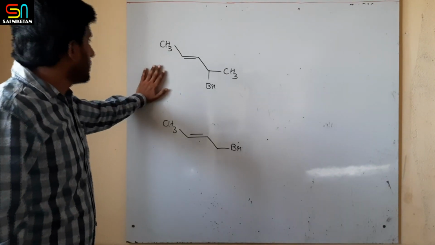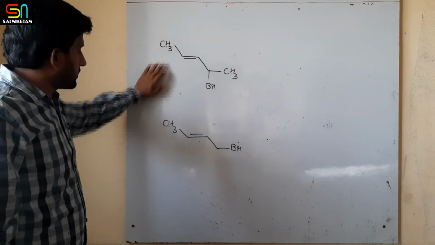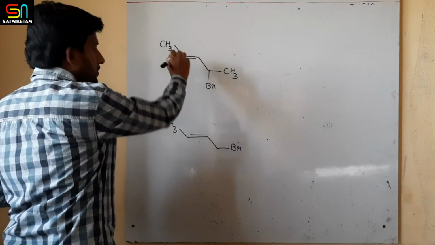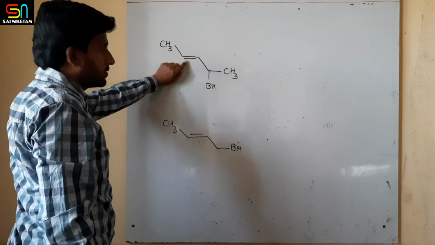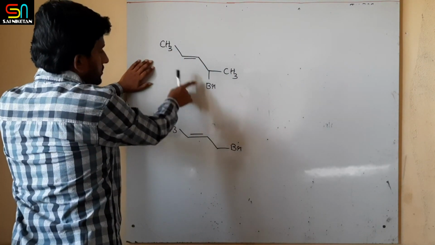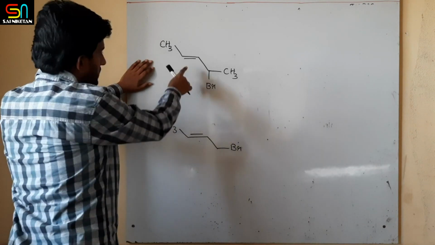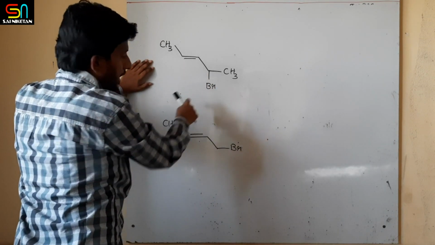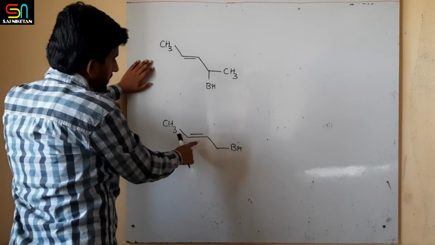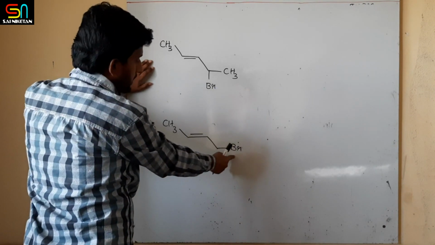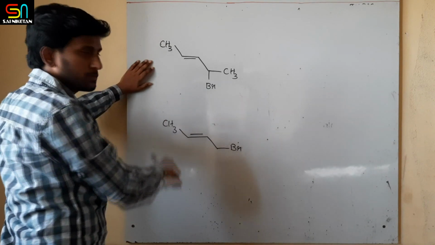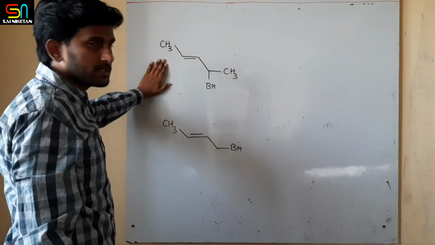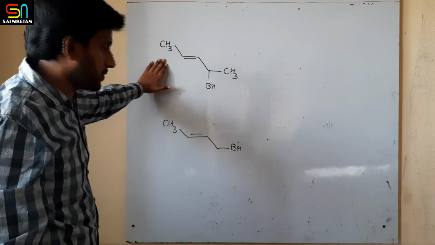Now let us see the IUPAC names of the following two compounds. Here in this compound we have got two functional groups, the ene double bond and halo. Similarly here also ene and bromo. So halo groups and double bonds are there. What will be the IUPAC name for this compound?